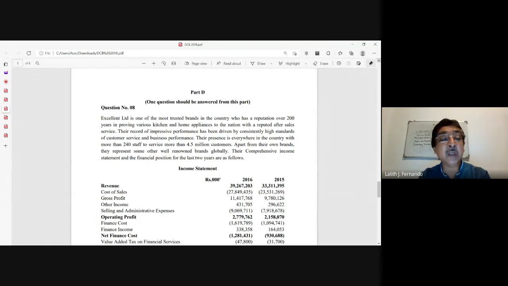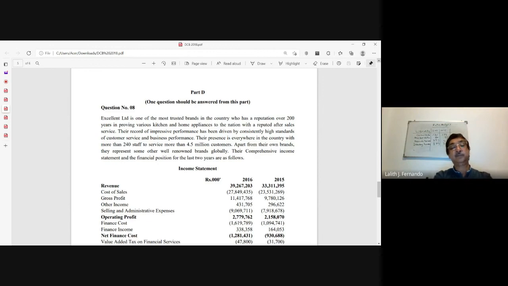Their comprehensive income statement and the financial position for the last 2 years are as follows. Now here what we are going to do is try to see how we analyze their financial perspective. If you take in terms of balanced scorecard, we have not done anything with regard to the customer, the internal processes, or the learning and growth.